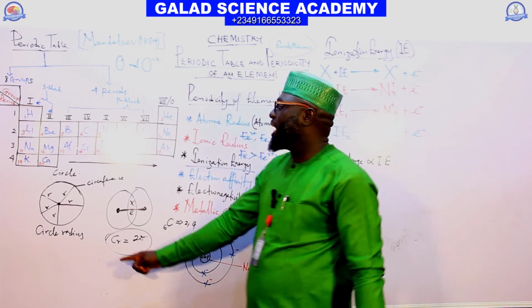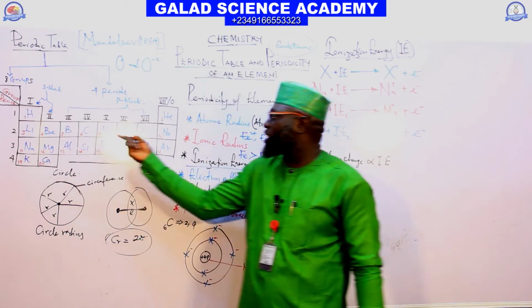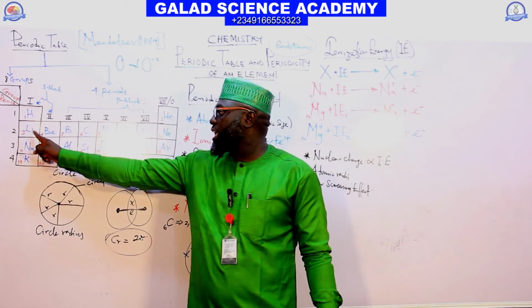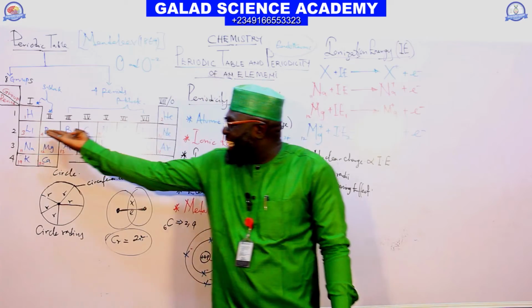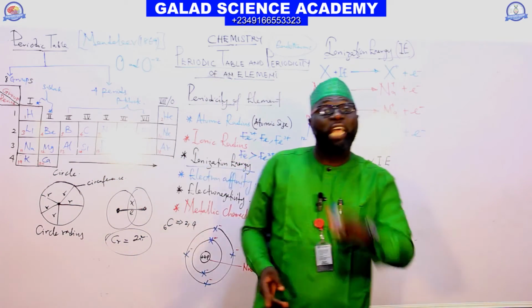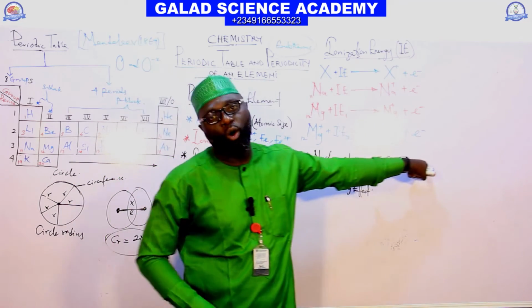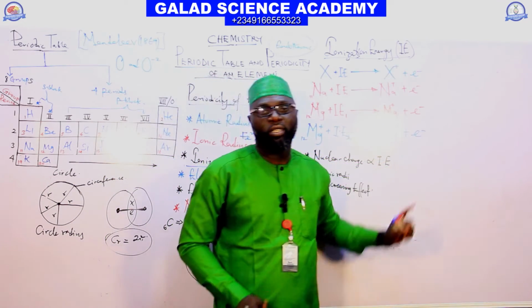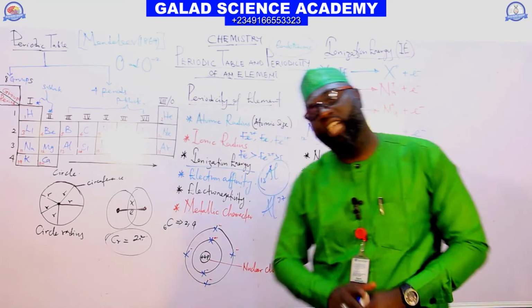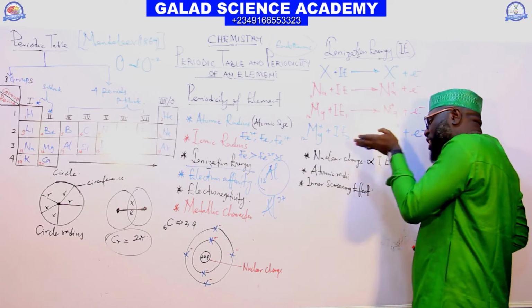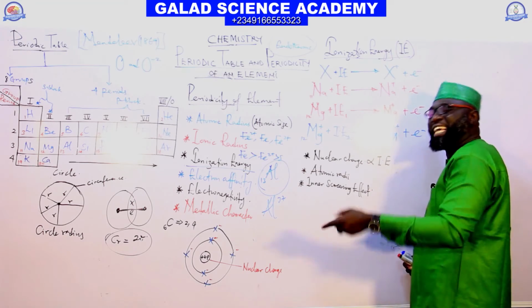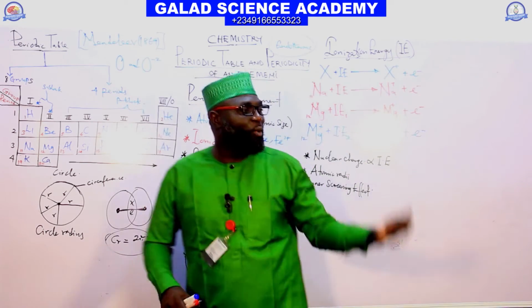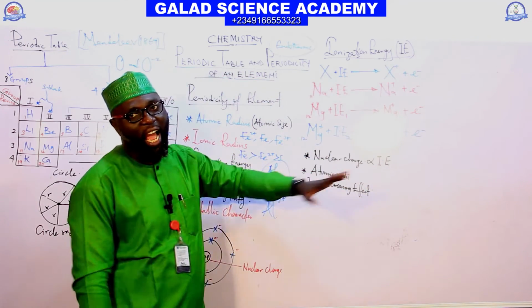Look at it here: the nuclear charge increases across the period, 3, 4, 5, 6, 7. So as the nuclear charge increases across the period, the ionization energy also increases. Increase in atomic number is an increase in ionization energy.